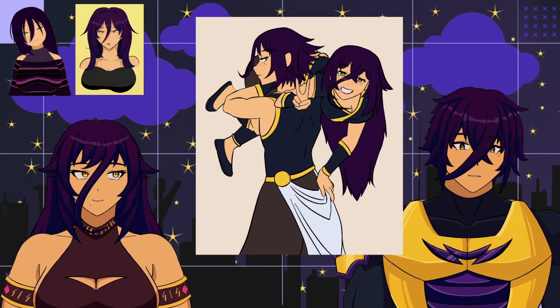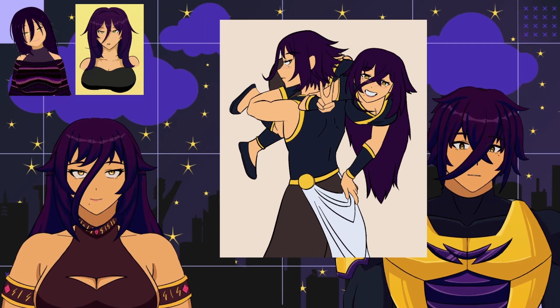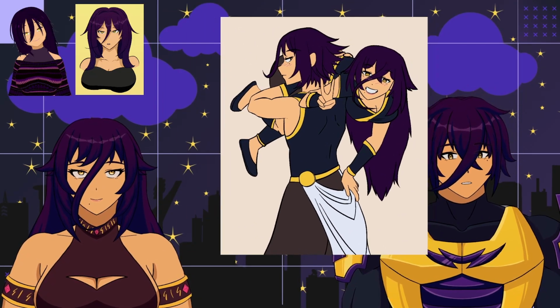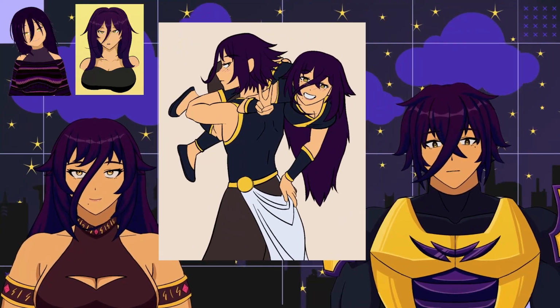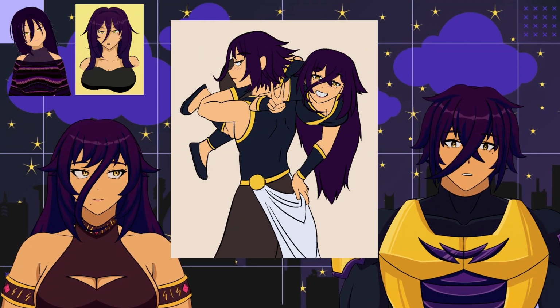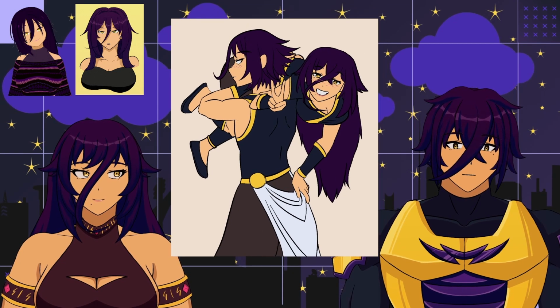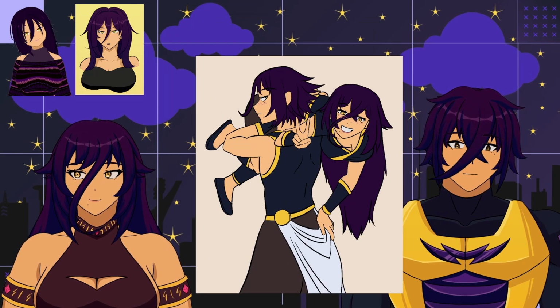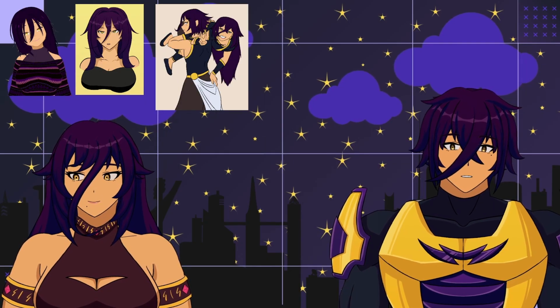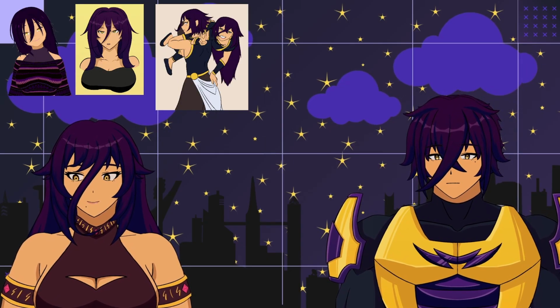So I made her bubbly and more happy, more energetic, more outgoing in comparison to my main character. And this was the first draft or prototype of the clothing. So you can see how it's different from the clothing that Kana is wearing right now, her current design.